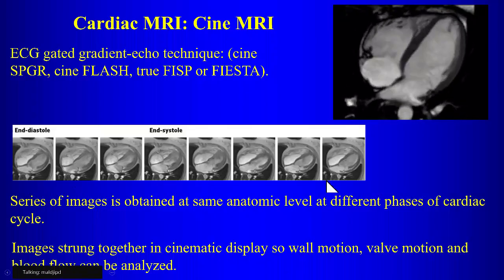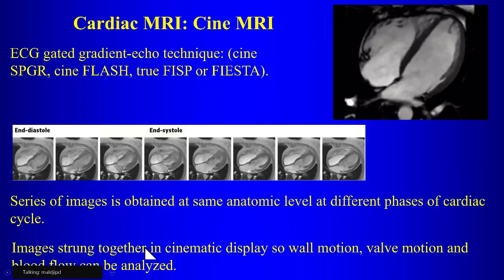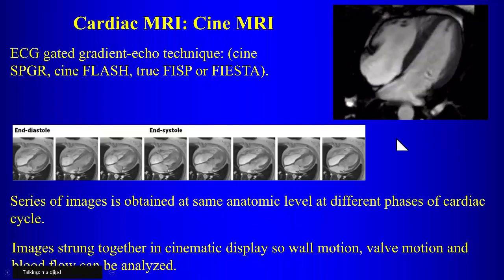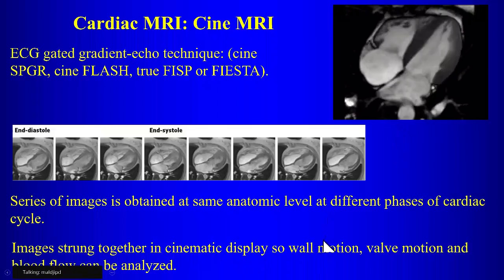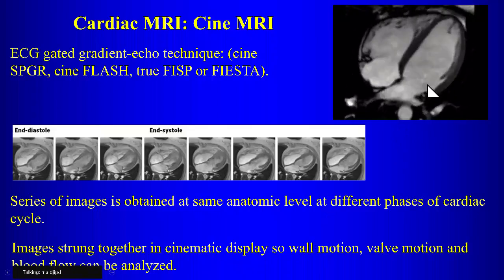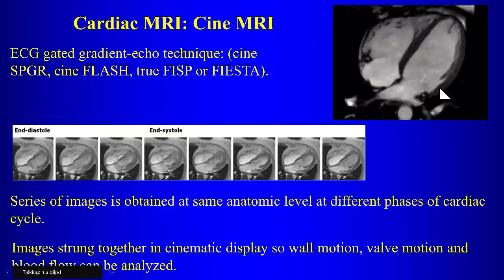So we have a series of images at the same anatomic level at different phases of the cardiac cycle, and then we're going to string those images together in a movie. So it shows us wall motion, valve motion, blood flow, but realize that it looks like one heartbeat, but all of the information here was acquired over multiple heartbeats. And from that information, we're going to give you this, which looks like one heartbeat. Okay?